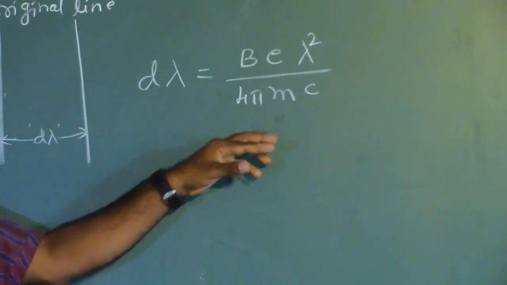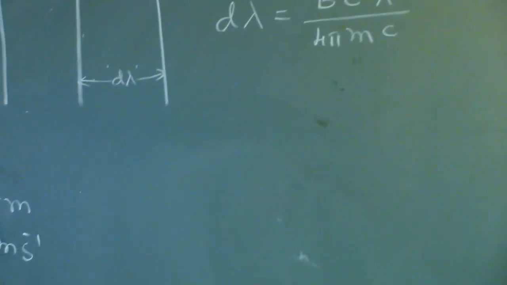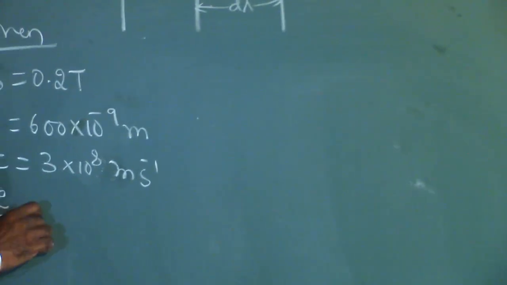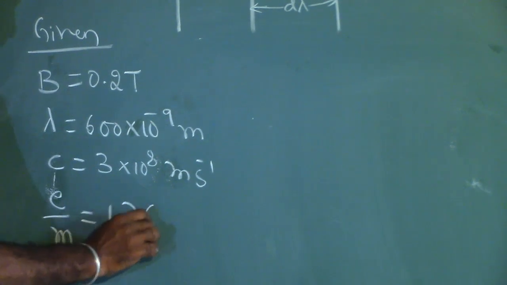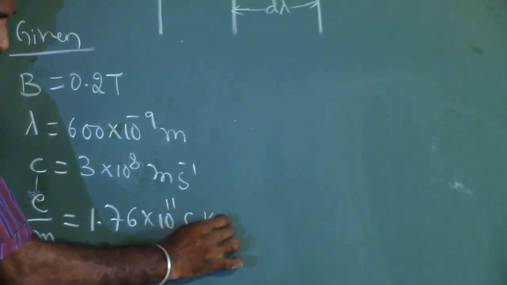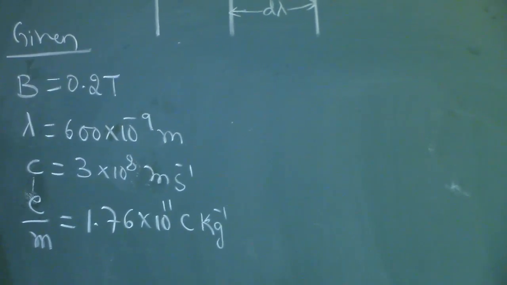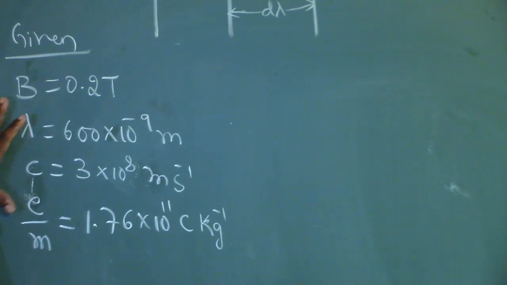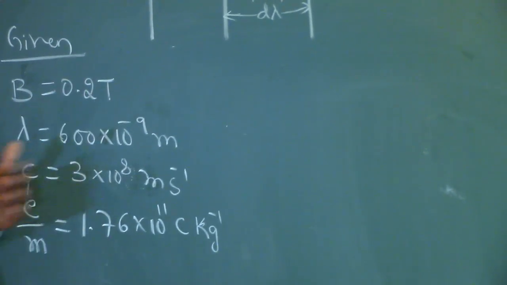So from the basic knowledge that we have, let us consider the specific charge ratio e by m as 1.76 into 10 to the power of 11 coulomb per kg. This is the basic data required to solve this problem. Now let us substitute all these values in the formula to calculate the separation between the lines.